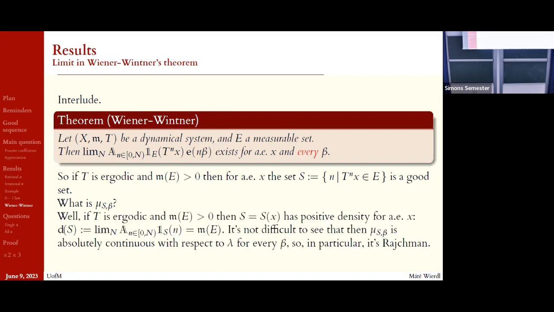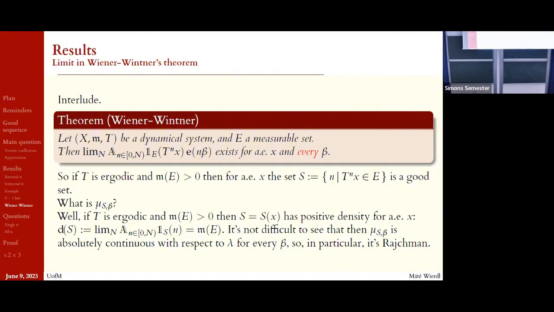So if T is ergodic and the measure of E is greater than 0, then this set S has positive density for almost every x. And actually that density is exactly this average, right? The limit of these averages, and the density is equal to the measure of the set.